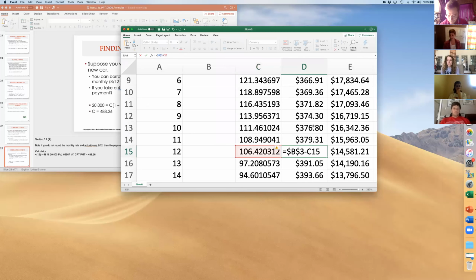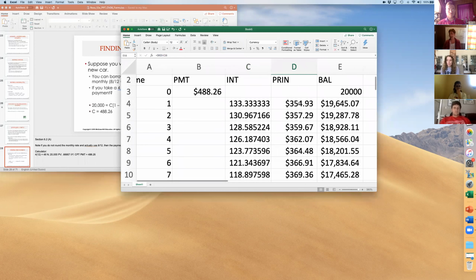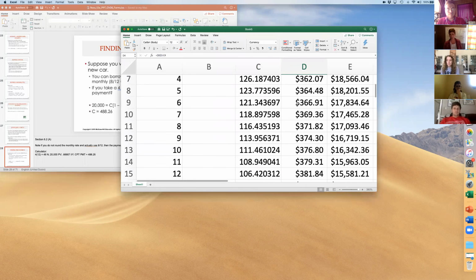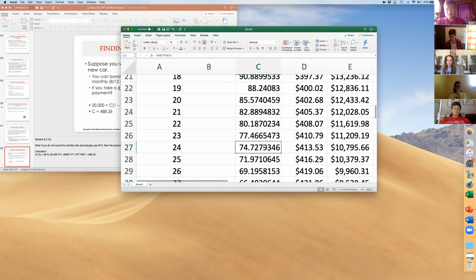It tells you how much every payment is made up of interest, and how much is made up of principal, and it tells you exactly how much. So if I ask you on time period 24, 2 years from now, that payment has $74.73 worth of interest in it, and $413.53 of principal.